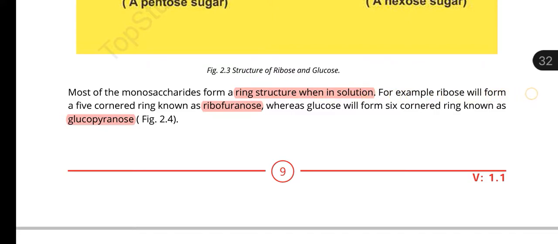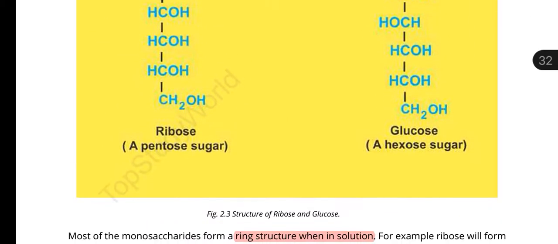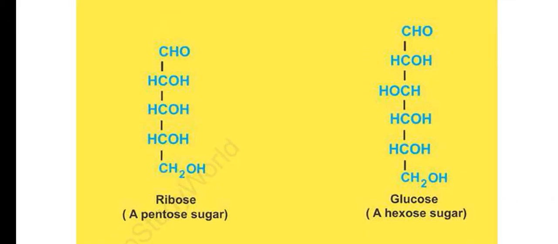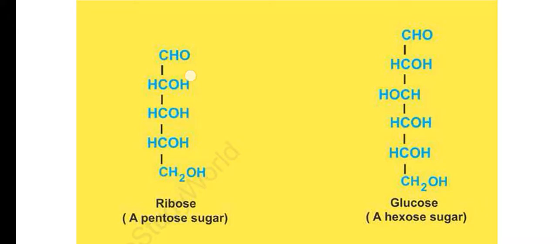For example, ribose will form a 5 cornered ring. You can say that ribose sugar has 1 2 3 4 5 carbons, so you can see the aldehyde group.